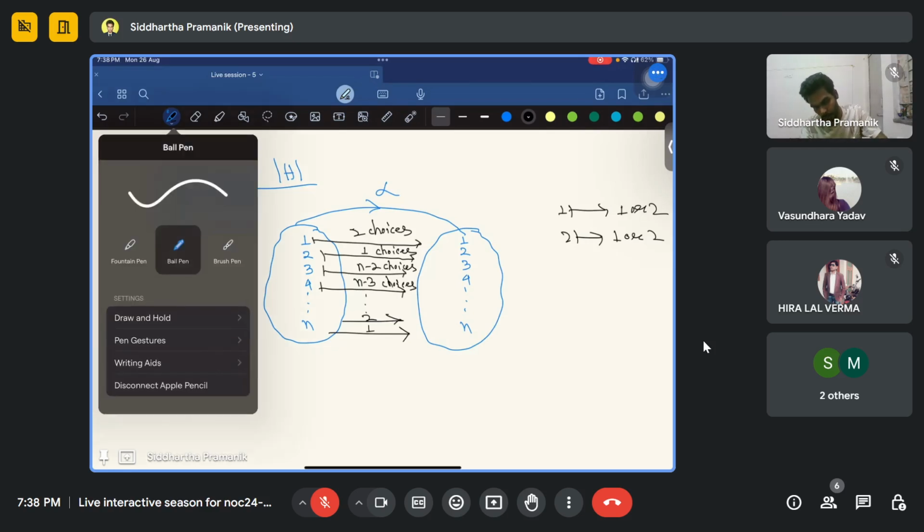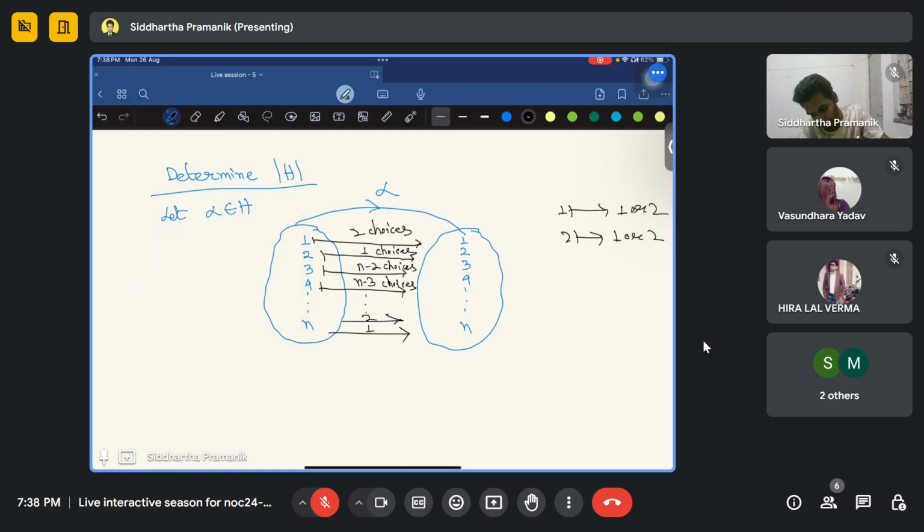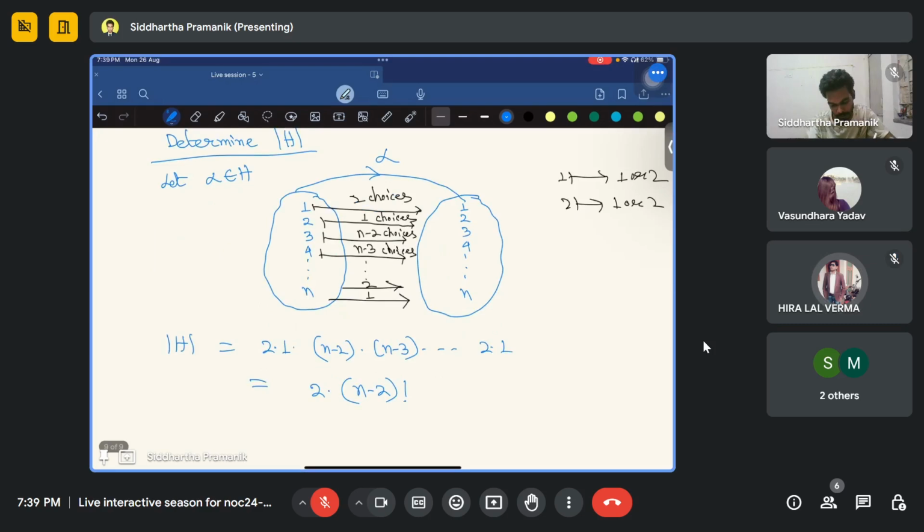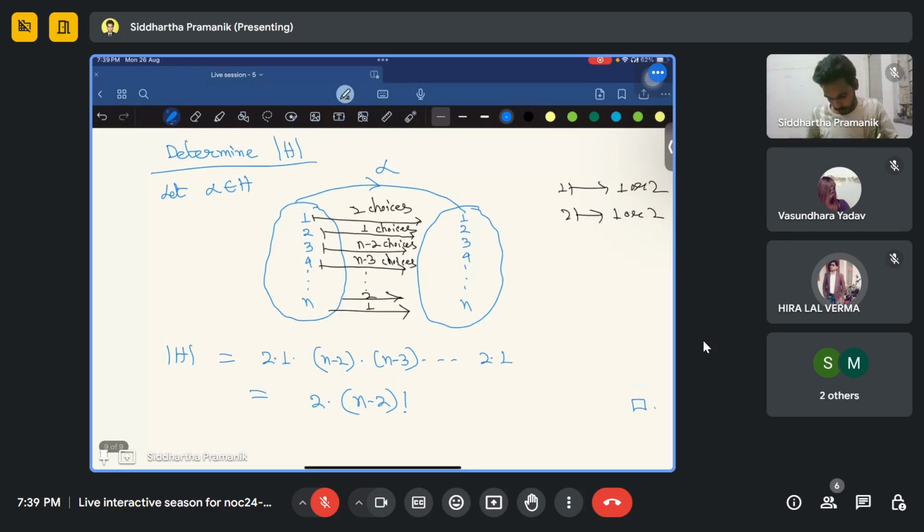So what is the total number of possibilities? We need to take the product of all these choices, right? So the order of H is 2 times 1 times n minus 2 times n minus 3 up to 2, 1. So this is just 2 times (n minus 2) factorial. Yes, 2 times (n minus 2) factorial. So this is the order of H.